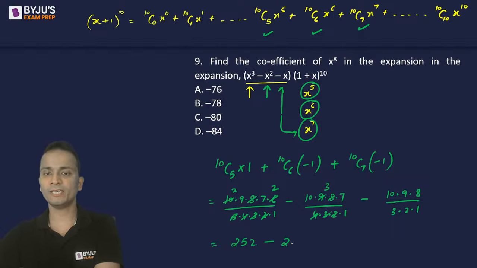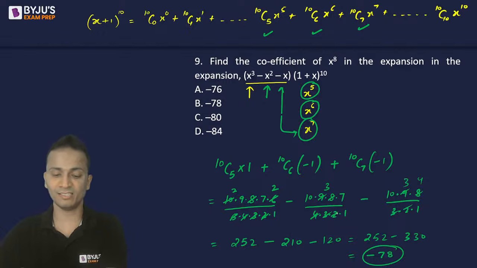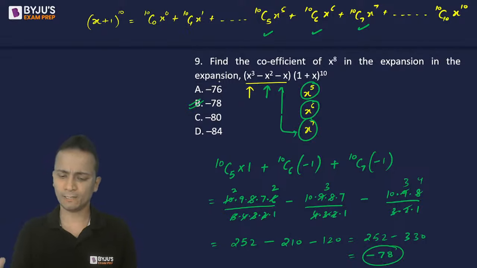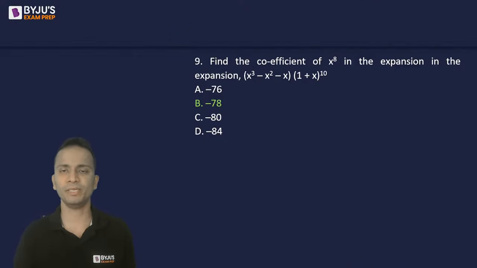So 210 minus 3 and 4, 120. So 252 plus 210 minus 120... so 252 minus 330, that is minus 78. Minus 78 will be or should be the correct answer. Now, two students who have given the answer, I'll appreciate the efforts made by them, but the correct answer here is option B.